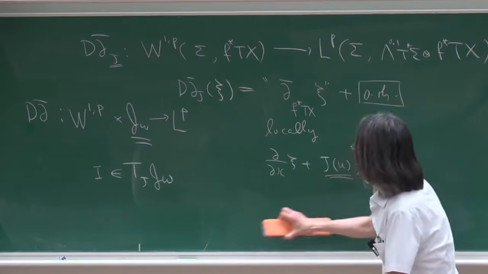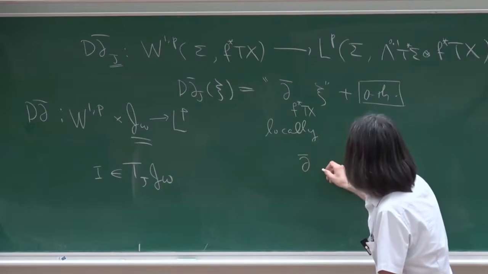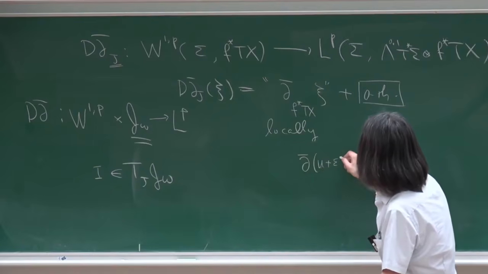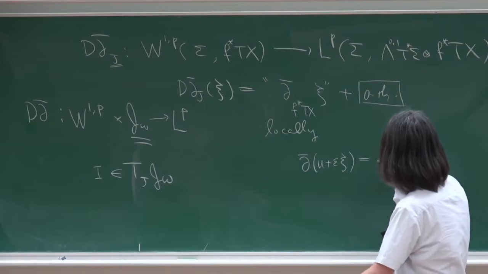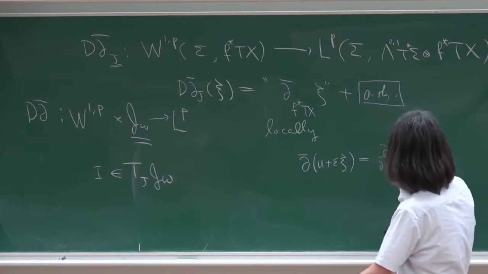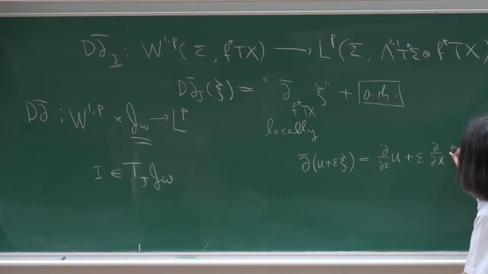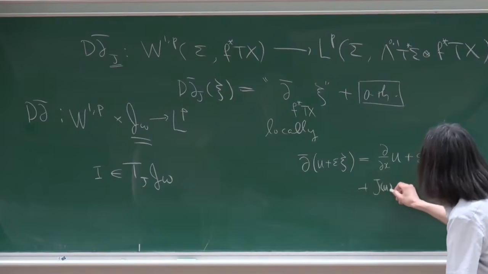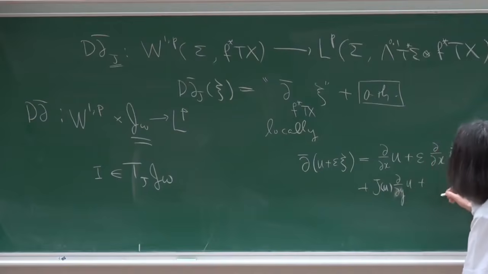Sorry, maybe it is better to write more precisely. The Cauchy-Riemann operator of u plus epsilon psi is equal to ddx of u plus epsilon ddx of psi, plus J of u times ddy of u, plus J of u and epsilon here, of ddy of psi, and so on, right?